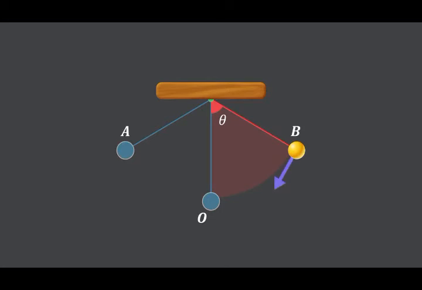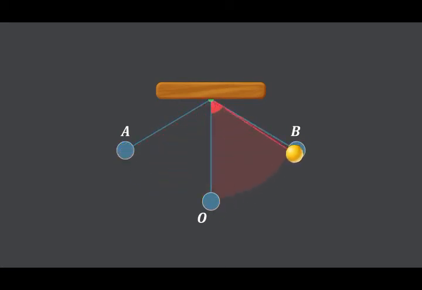This pulling force slows the movement of the bob until it stops moving at point B. At point B, the bob experiences the same forces as it did at point A. The force mg sin theta keeps trying to pull it back towards the mean position O. And so, the bob starts moving towards O again. This way, the bob keeps oscillating between points A and B about its mean position, point O.